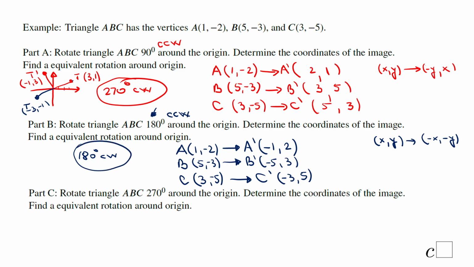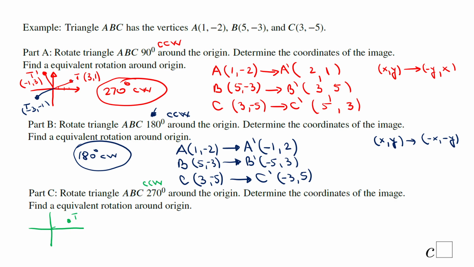The last part, part C, we need to rotate the triangle 270 degree, and remember this means counterclockwise if it's not mentioned, around the origin. Very similar. You may want to do a point, this point T. What is that guy? That's going to be somewhere here. Oops. And I know I didn't do a very good job here.